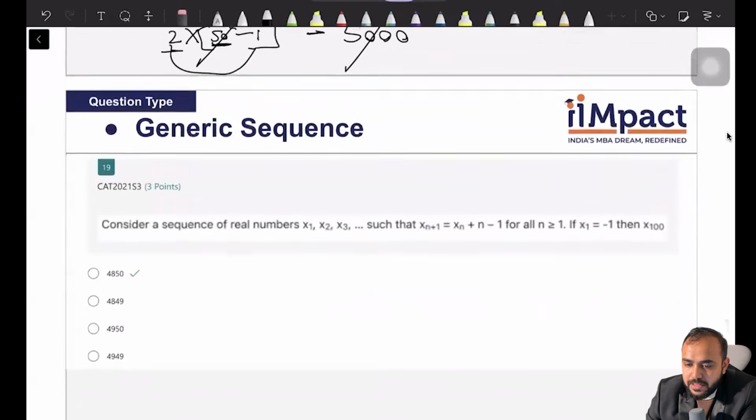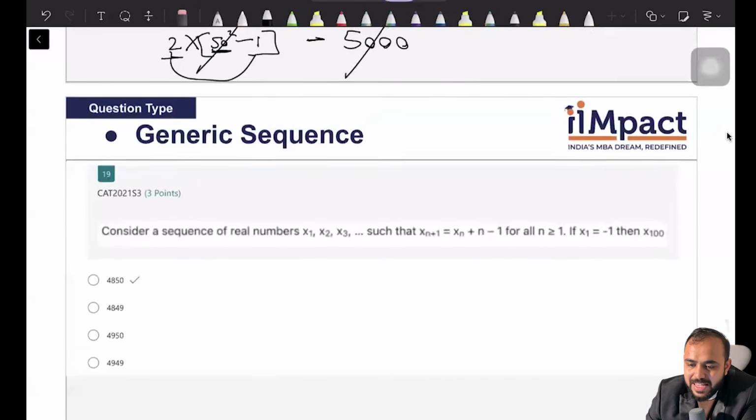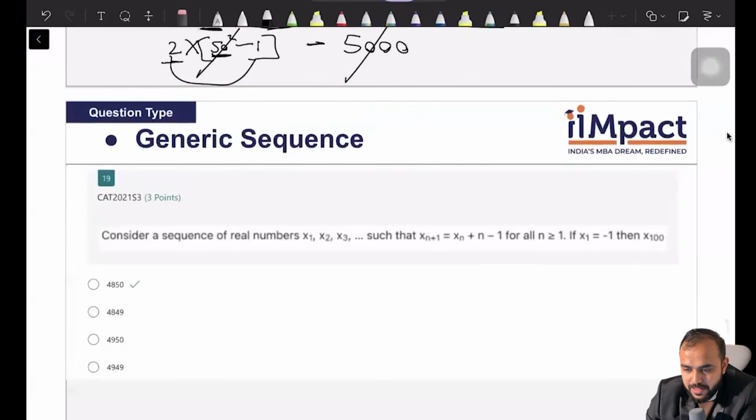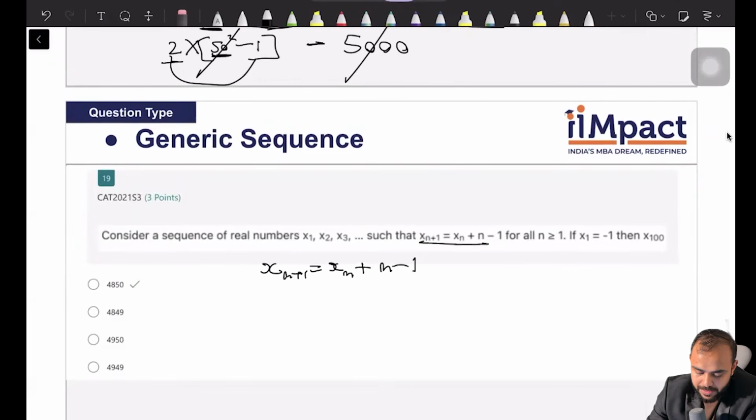All right. Consider a sequence. Okay, I'll just do it, we are already in flow. So you have xn plus 1 is equal to xn plus n minus 1. Now, because it is given like this, one term is equal to the same sequence's term plus some result, I will feel the need to put in values.